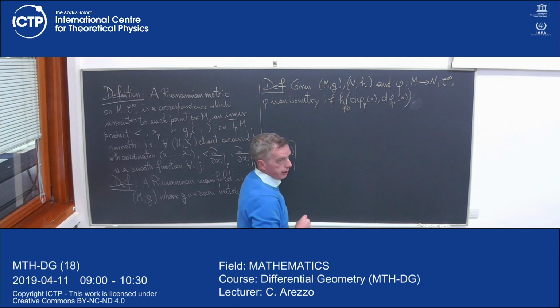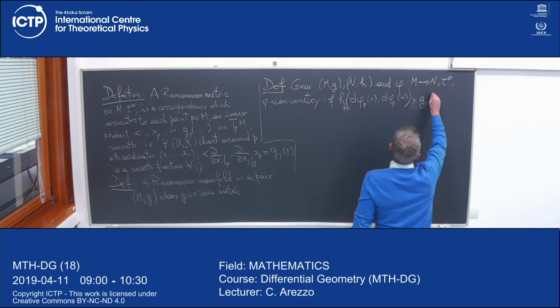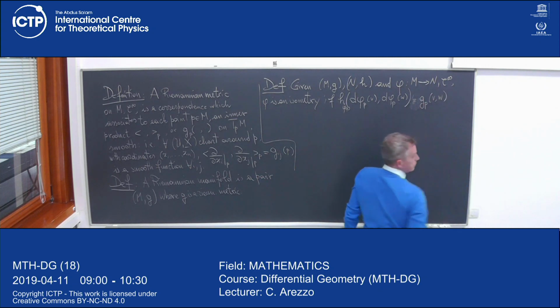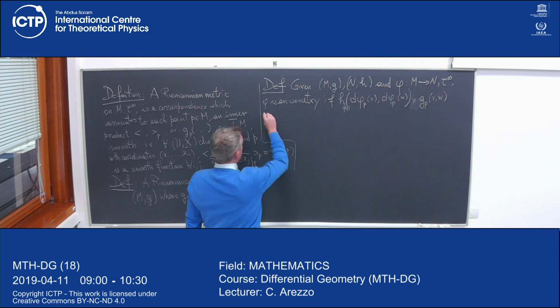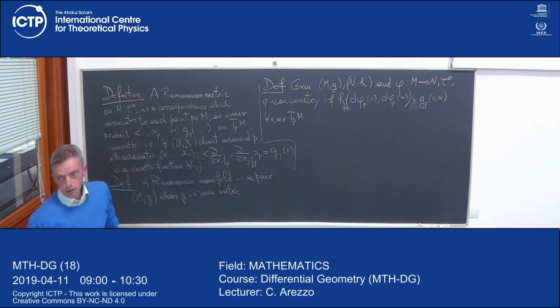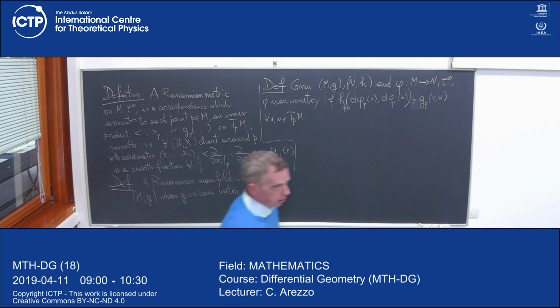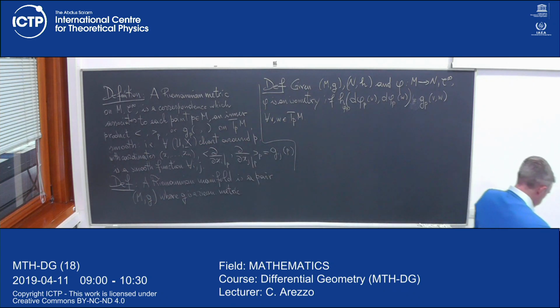So in our notation, now in this notation it will be this. This has to be equal to g_p(v, w) for any v and w in T_pM. Okay? So a map which does not change the scalar product between the corresponding objects.